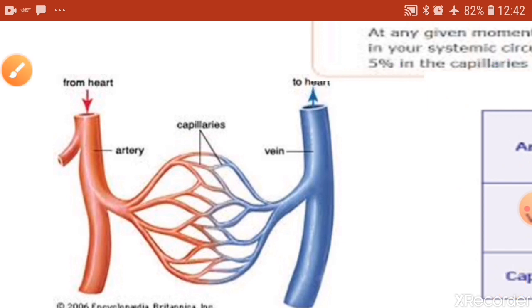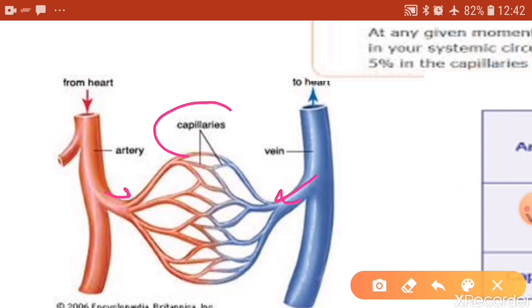So arteries take the blood away from the heart, whereas veins bring the blood towards the heart, and capillaries are the blood vessels which connect the artery to the veins. They are present in the form of a network in the different tissues.